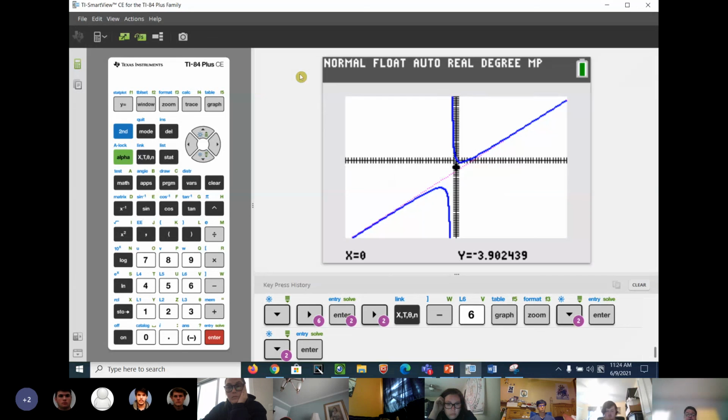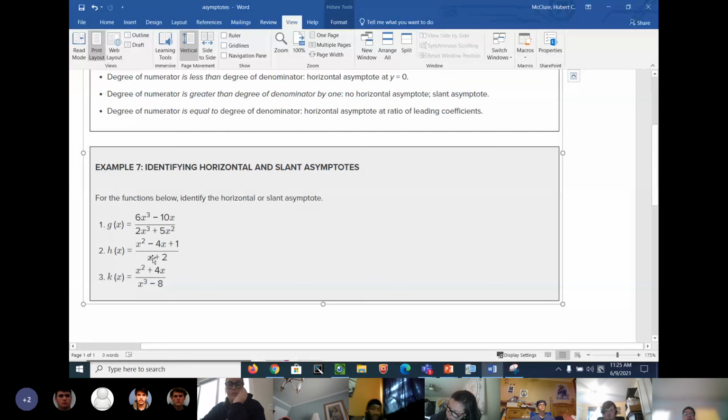So if you followed those 3 questions that I've got, you got 3 examples right there. So if you were smart on your sheet, you should have written right here, horizontal asymptote equals 0. Here, horizontal asymptote equals 6/2, which is equal to 3.